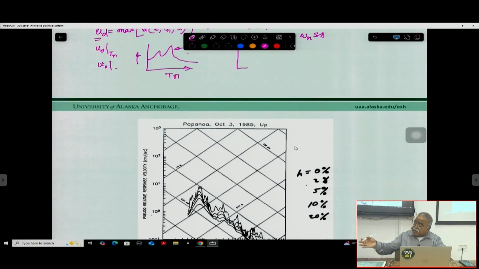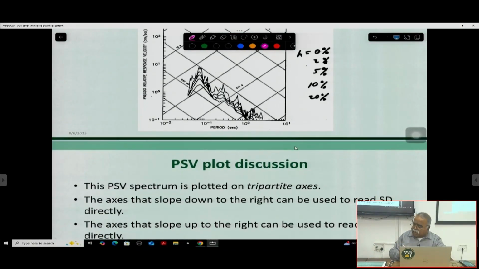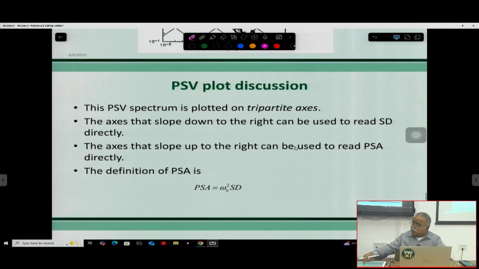PSV and SV are differentiable at a very high frequency, but at a normal frequency they are always the same. So we do not care about a big separation between PSV and SV in terms of engineering, but actually there is a difference, right?